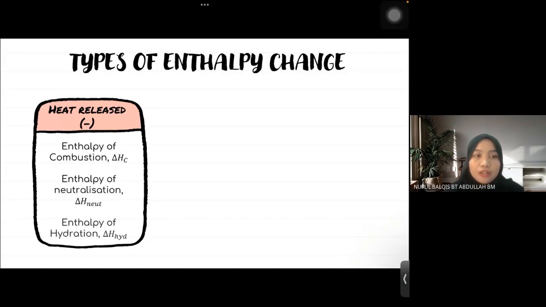Each time you encounter these enthalpies, their delta H must be negative, because by definitions, heat is released, not heat is absorbed. Okay?